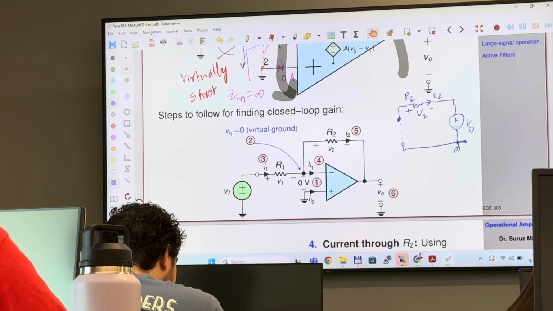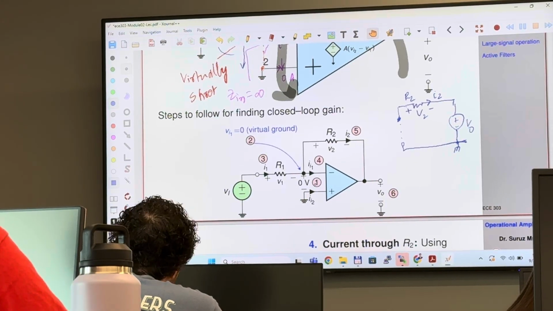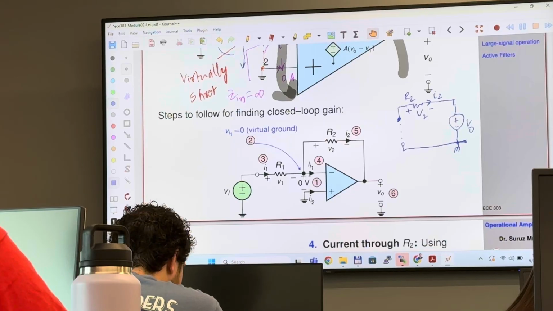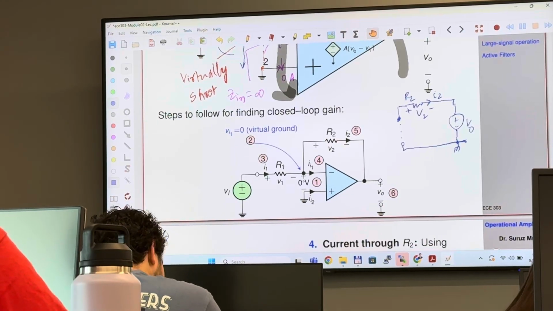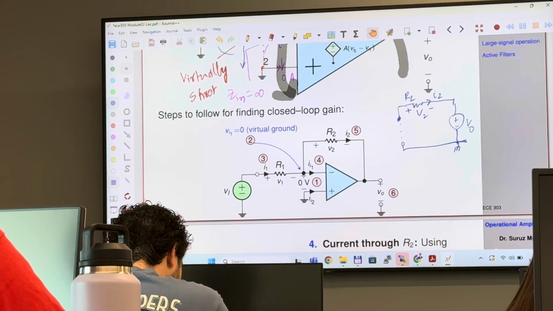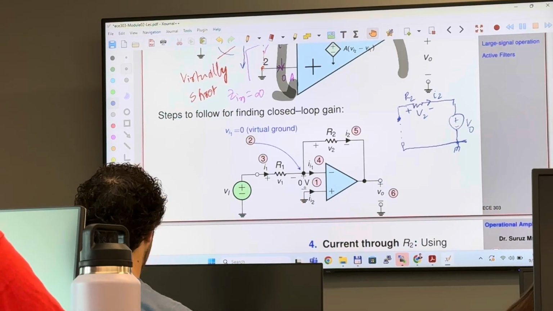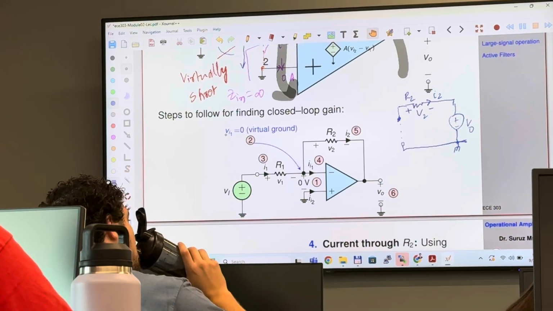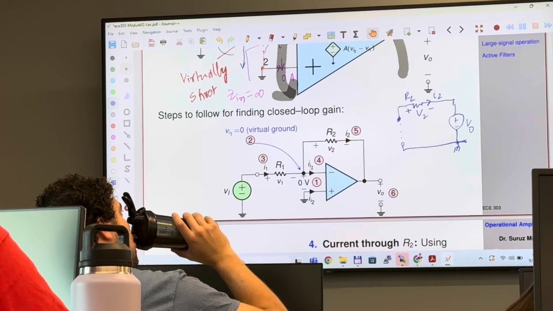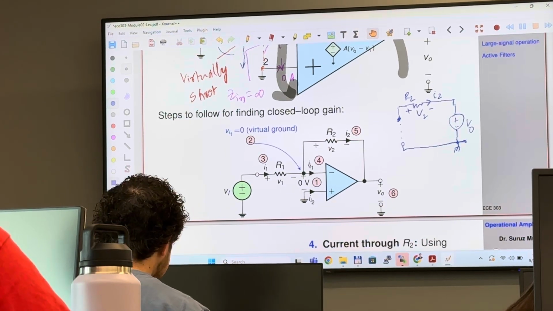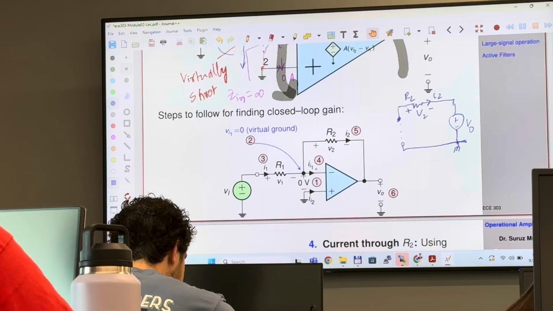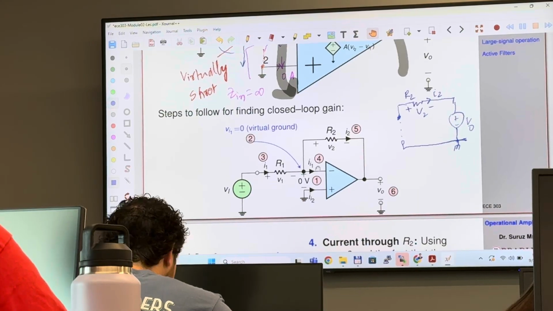So this is step 1, where you assume that these two terminals are virtually short, therefore voltage difference between these two terminals is 0. And then number 2, you assume that this is virtually ground, so therefore I sub I1 is going to be 0.